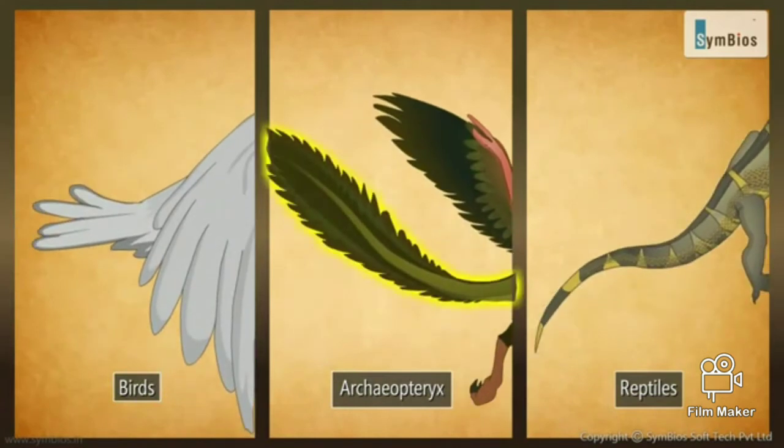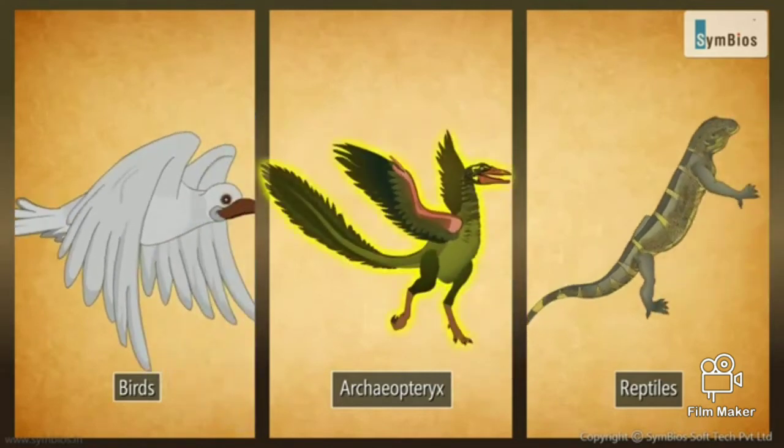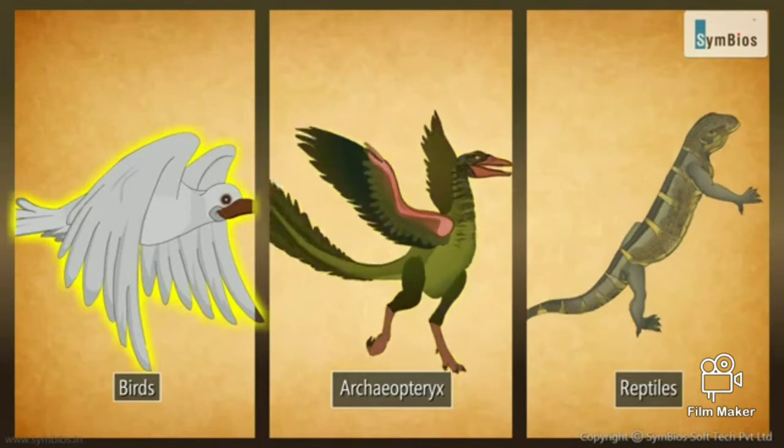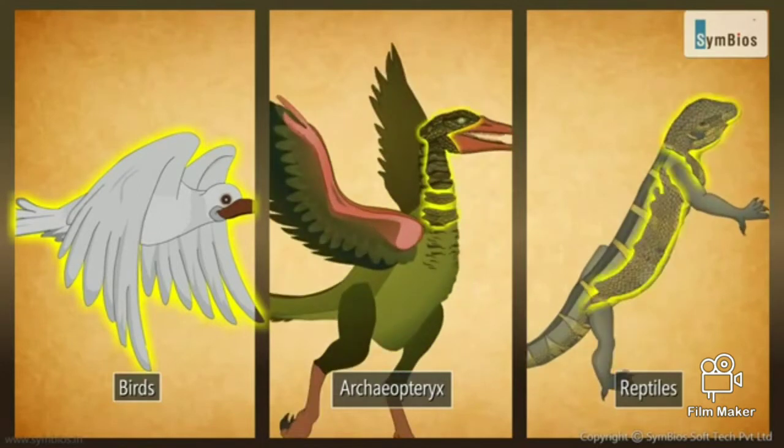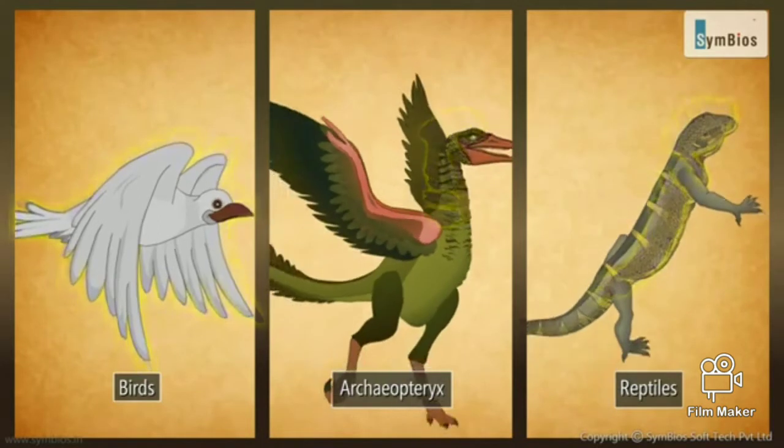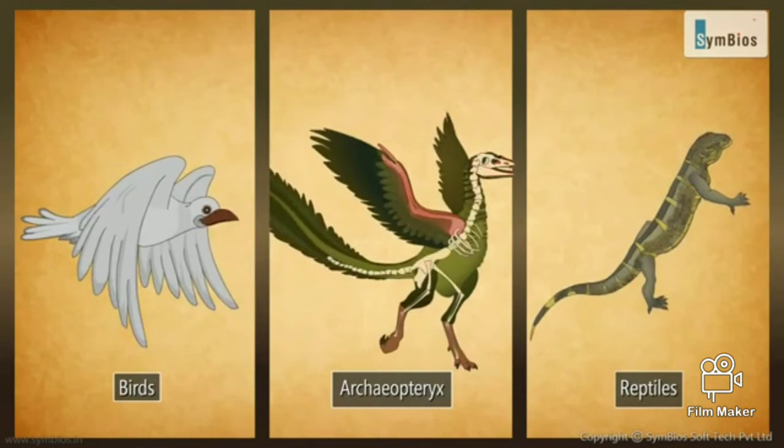It had a feathery tail similar to birds. However, the tail was long like lizards and had tail vertebrae. Its body was covered with feathers like in birds, but they also had scales like in reptiles. The skeletal framework of Archaeopteryx looks more like reptiles than the birds.